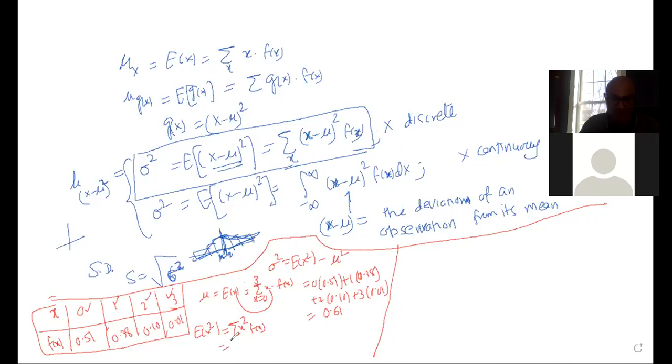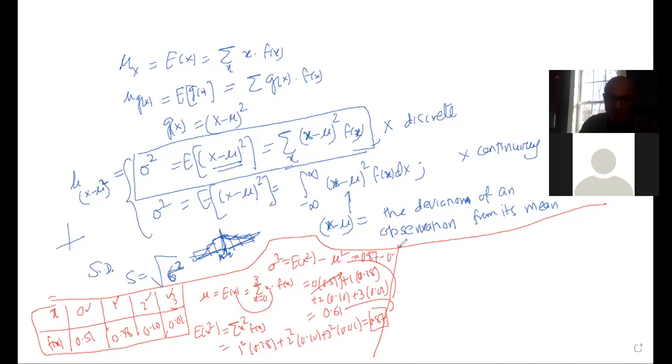So 0 square, no need to write because that part is 0, and 1 square is just 1 times 0.38 plus 2 square times 0.10 plus 3 square times 0.01. That gives E of x square equal to 0.87.